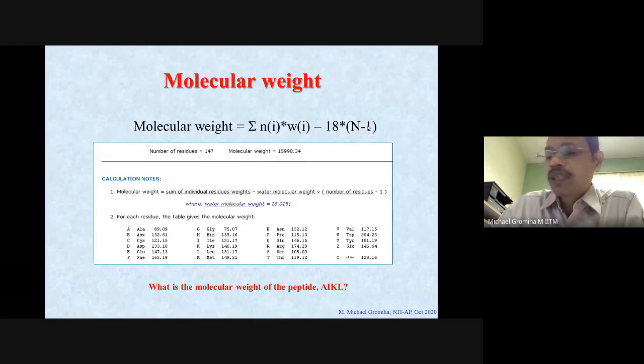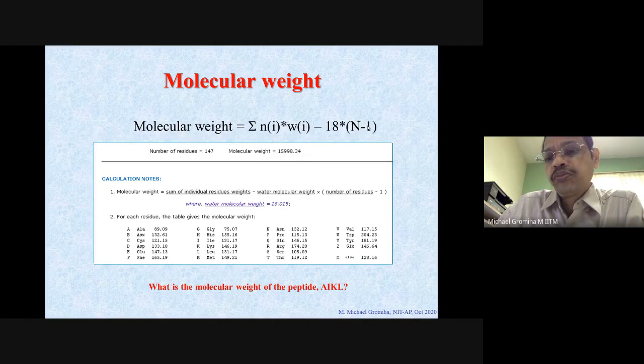Why n minus 1? N is the total number of residues, right? Then why n minus 1?